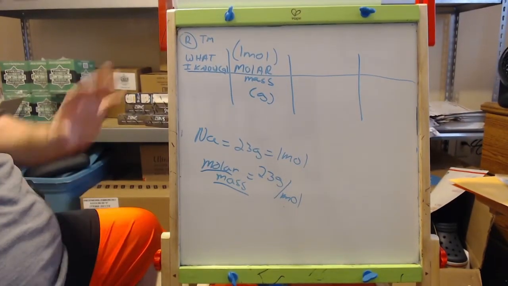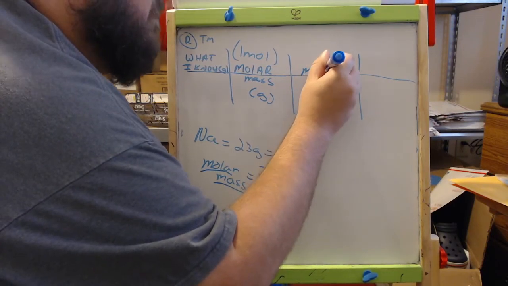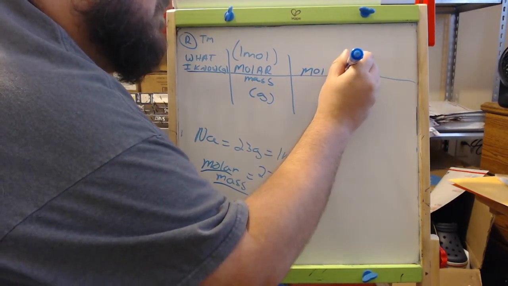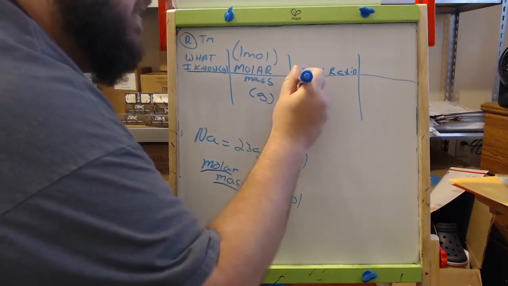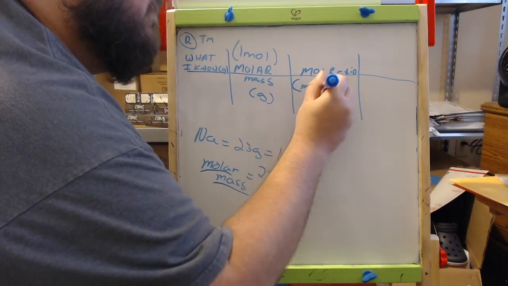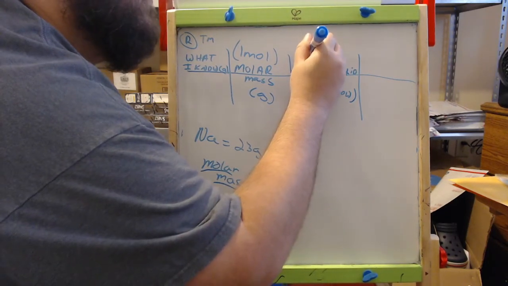Okay, so that's that. Next comes something called the mole ratio, and we'll break that mole ratio down when we do our example after this. So mole ratio, and on the bottom will be moles of what I know. Up here is the moles of what I want.